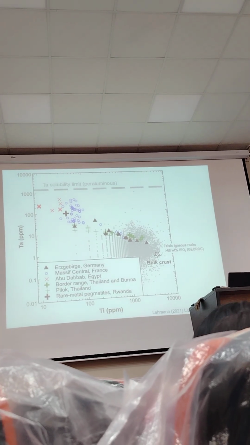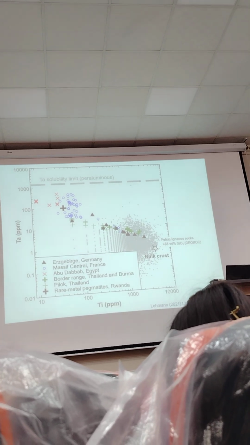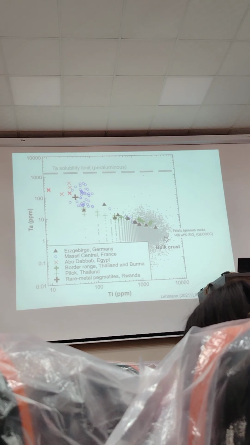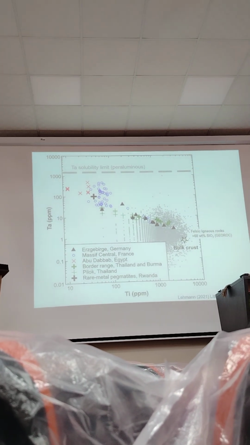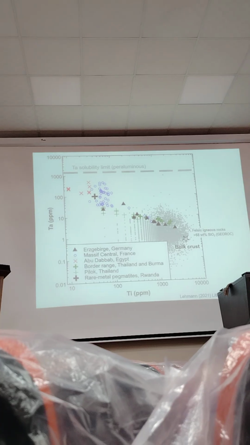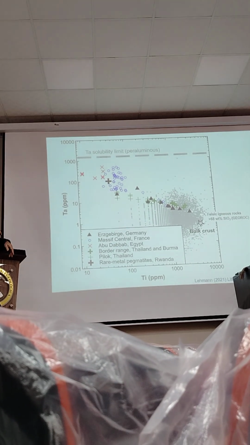And this is why they developed very interesting geochemical results. So this is the chemical evolution of the Erzgebirge granites. They have an age of, let's say, 325 to 305 million years.